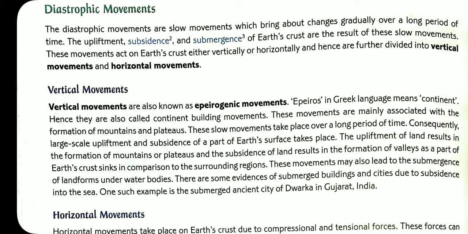The upliftment of land results in the formation of mountains or plateaus, and the subsidence of land results in the formation of valleys as a part of Earth's crust sinks in comparison to the surrounding region. So, as a result of the upliftment, the plateaus and mountains are formed. And with submergence, some parts are going down as a result of these vertical movements, and river valleys are formed.